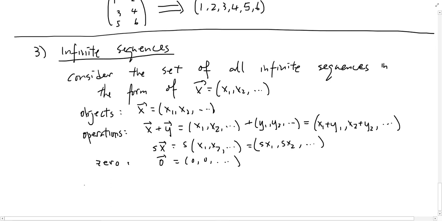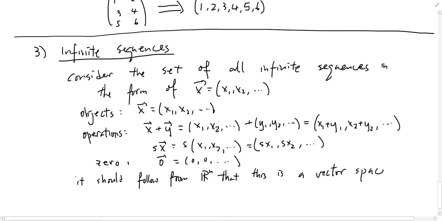As a matter of fact, it's interesting to note that, as I say, it should follow from Rn that this is a vector space, because it simply means that you write out the exact same proof for Rn, except you just don't write the x sub n element as the last element and just let it go ... forever.